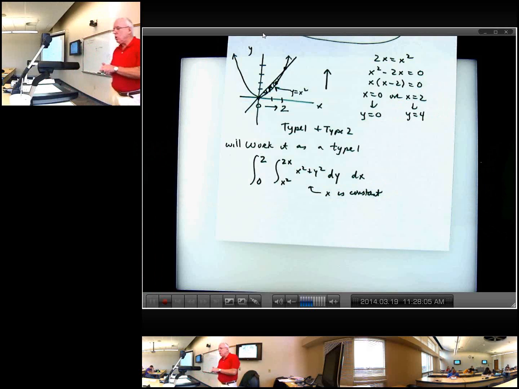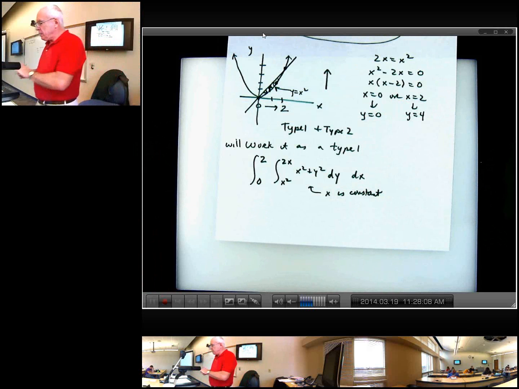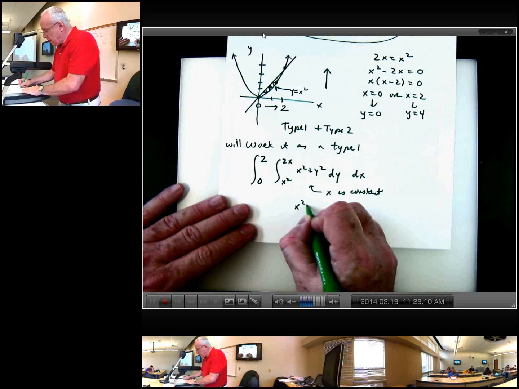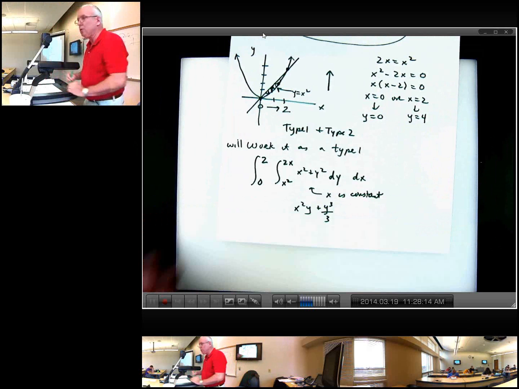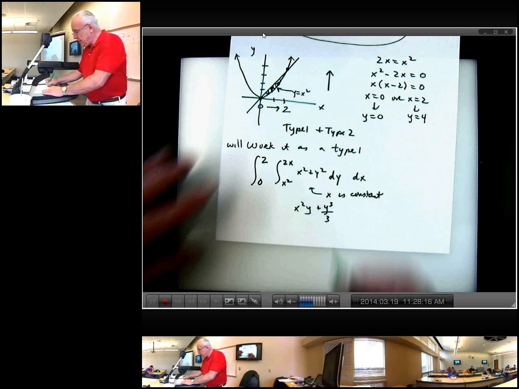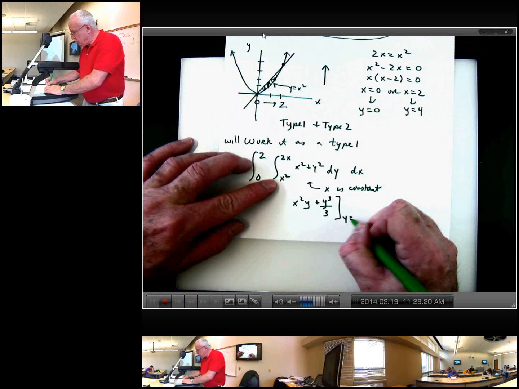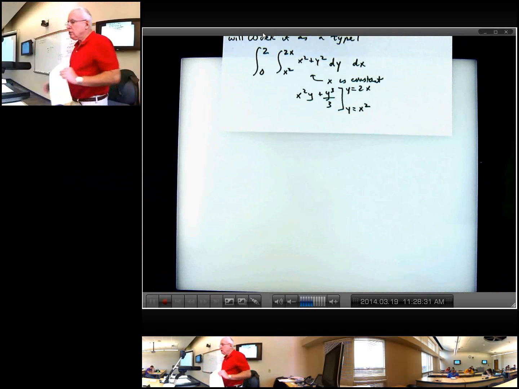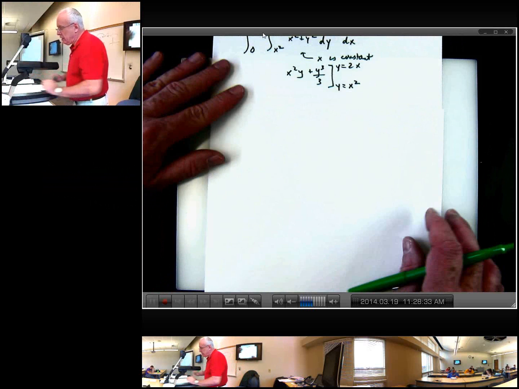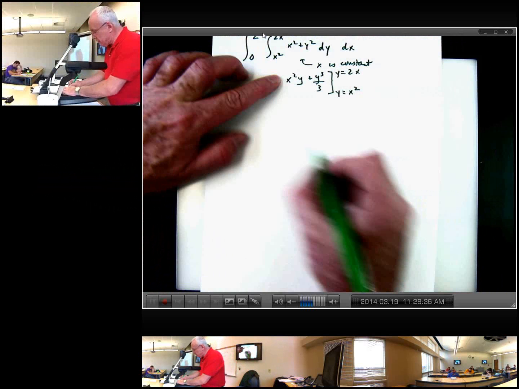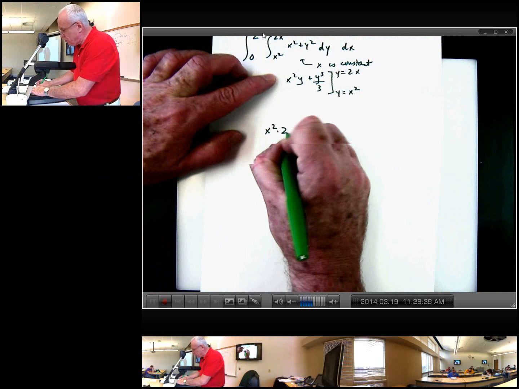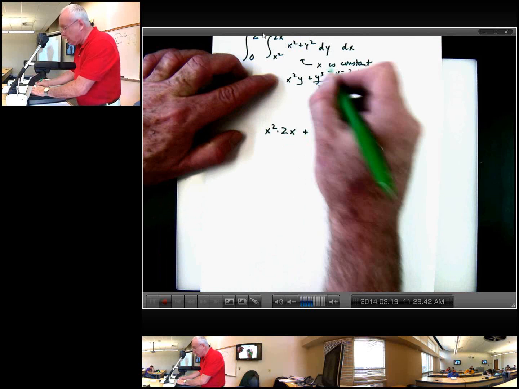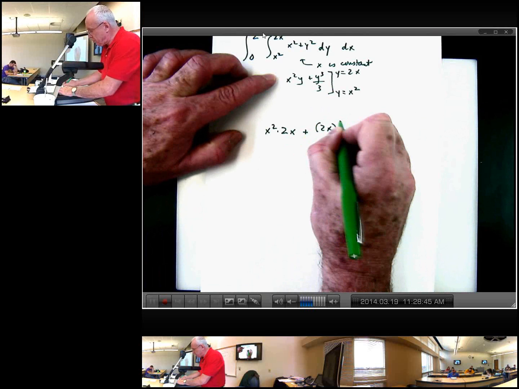So x squared is going to become x squared times y, and y squared is going to be y to the third over 3. And then, again, it's helpful to put as your lower limit y equals x squared, upper limit y equals 2x. Okay, so now we have to do the plugging in. Upper one, y equals 2x, so that's x squared times 2x plus, now it's y cubed over 3, so that's (2x) cubed over 3.